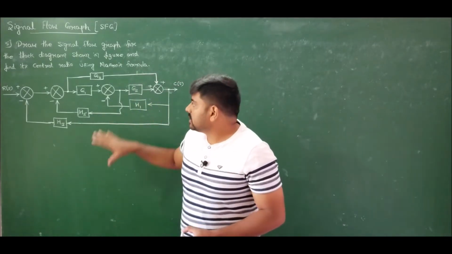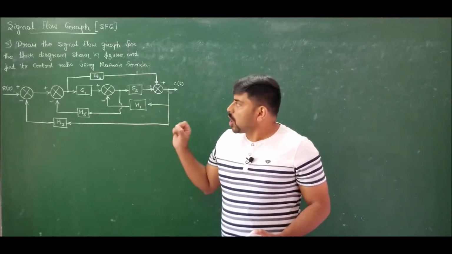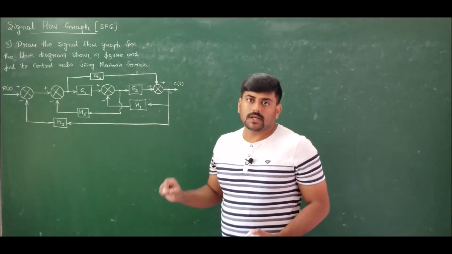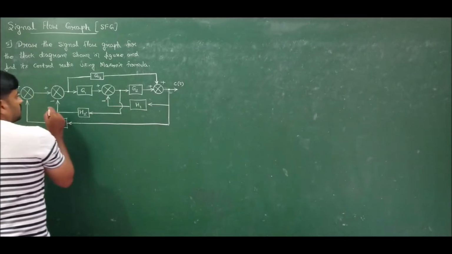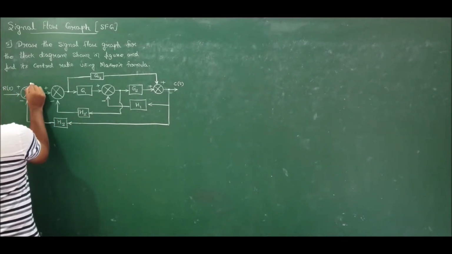Now in order to convert the given block diagram into signal flow graph, replace all the summing points and takeoff points by nodes. So let us do that. Let me mark the summing points and takeoff points by numbers to avoid confusion.